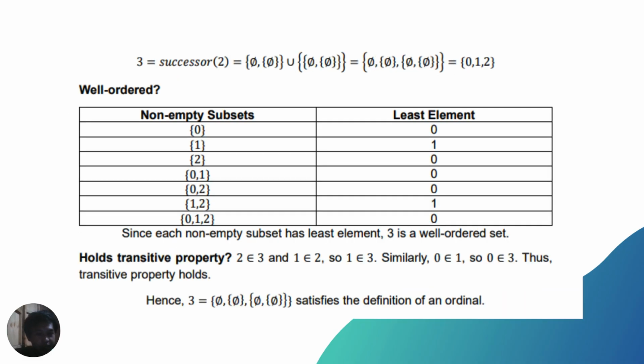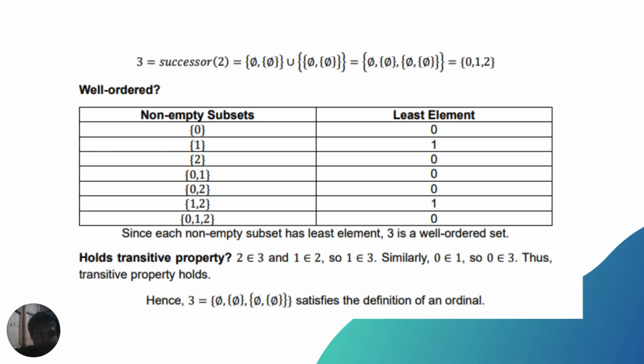Now for 3, or the successor of 2, it has 7 non-empty subsets, each of which has a least element. Hence, 3 is a well-ordered set. And does it hold the transitive property?